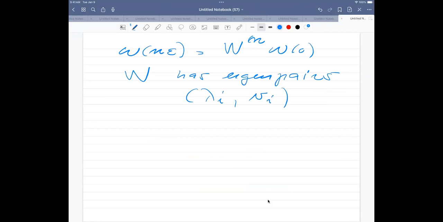We know that this is a stochastic matrix, and the largest eigenvalue, as you will see in an example of a stochastic matrix, is 1. That's the largest eigenvalue. So let's assume that. Now, that means that we have a basis.